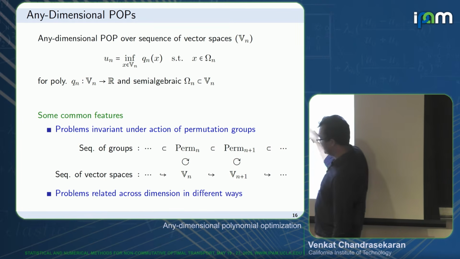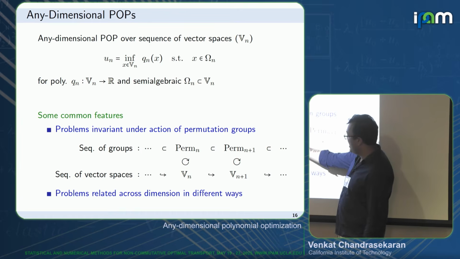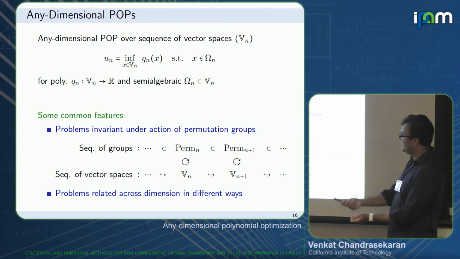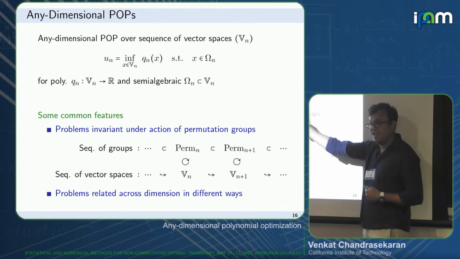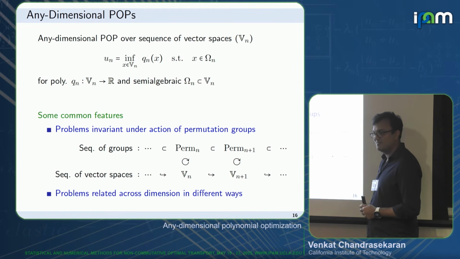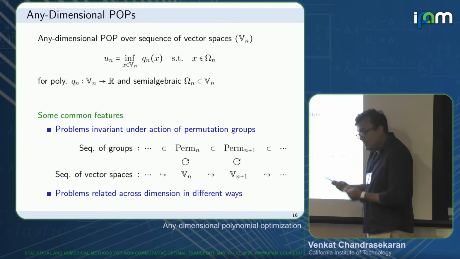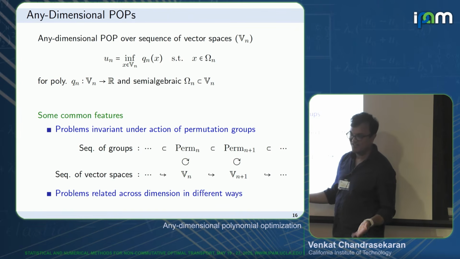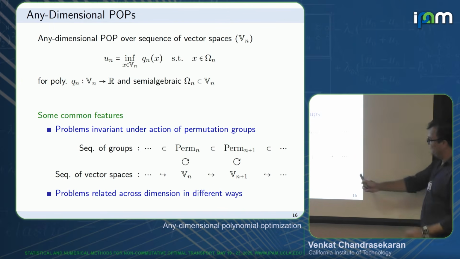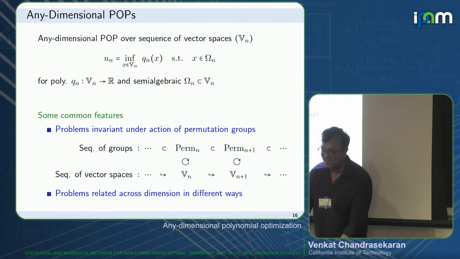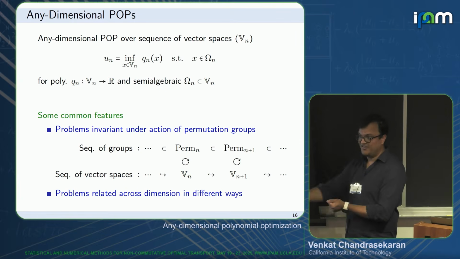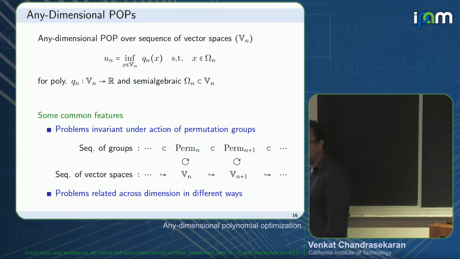So although these can be the same, the way a permutation on n letters is expressed as a permutation on n plus 1 or kn letters really depends on how the underlying sequence of vector spaces is embedded inside each other. So yes, for each n, it's the usual action, but how they're related across dimension really changes whether you do duplication versus zero padding or some other embedding. Yeah.